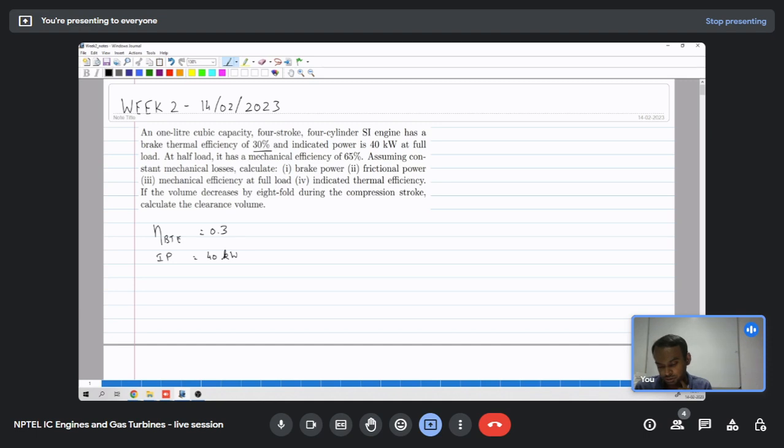So this is at full load, and I write this as F, F means full. Then we have mechanical efficiency at part load, I write it as P, which is 0.65. Part load is half load here, so that is 0.65 or 65%. Assuming constant mechanical losses, we can calculate brake power, friction power, and mechanical efficiency at full load.